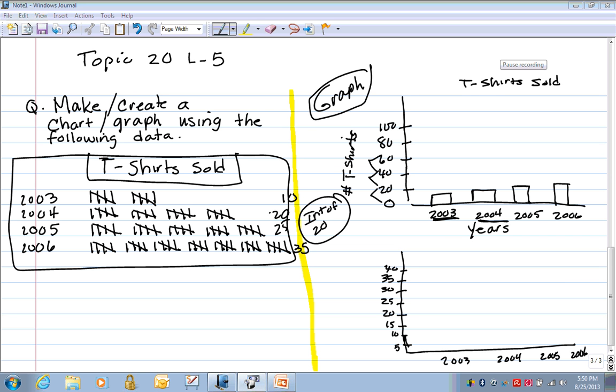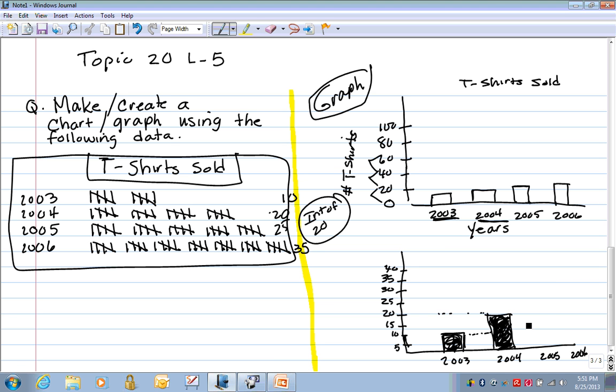Okay, let's draw our bar graph. For 2003, we need to go to 10. So that is right here. For 2004, it's 20. So we are going to go up to this line. And right away you can see that the graph looks a little less misleading because this bar right here is about twice as big as the first one.